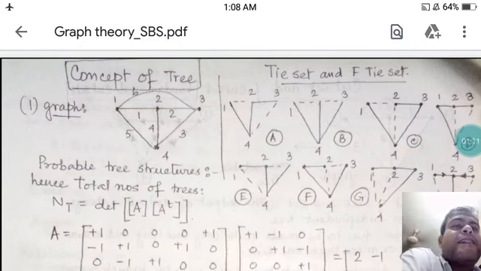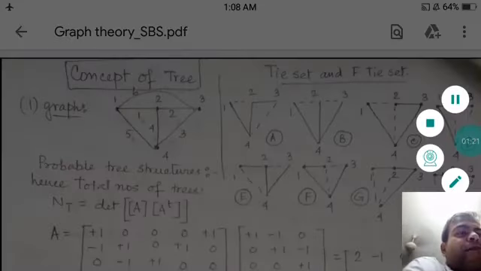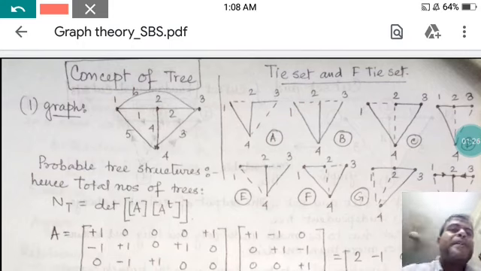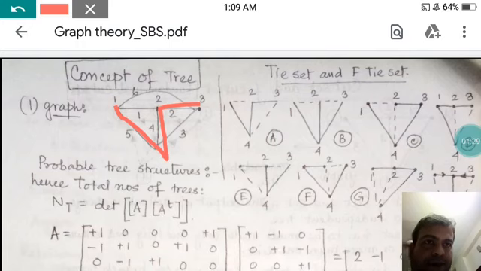It is already clear to you. Now see this graph: how many trees can be made from it? For that question, I have shown that if I make the structure this way, it is a tree.